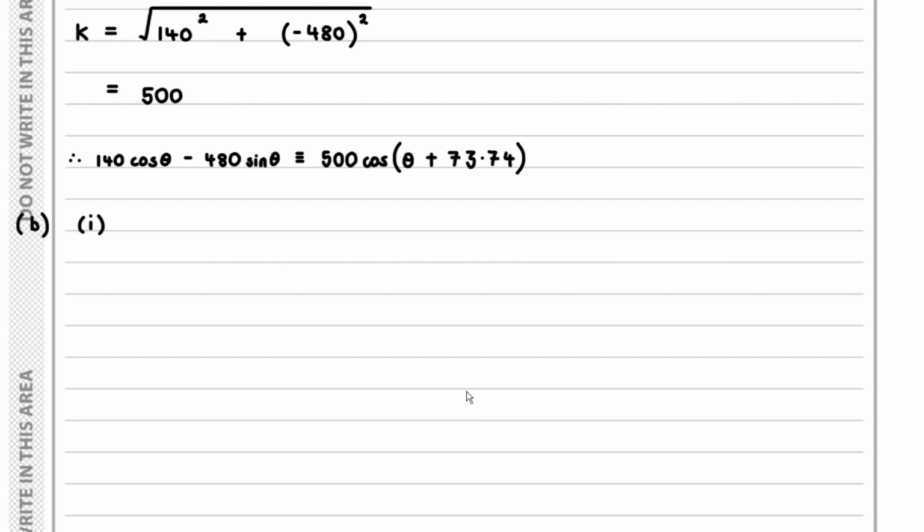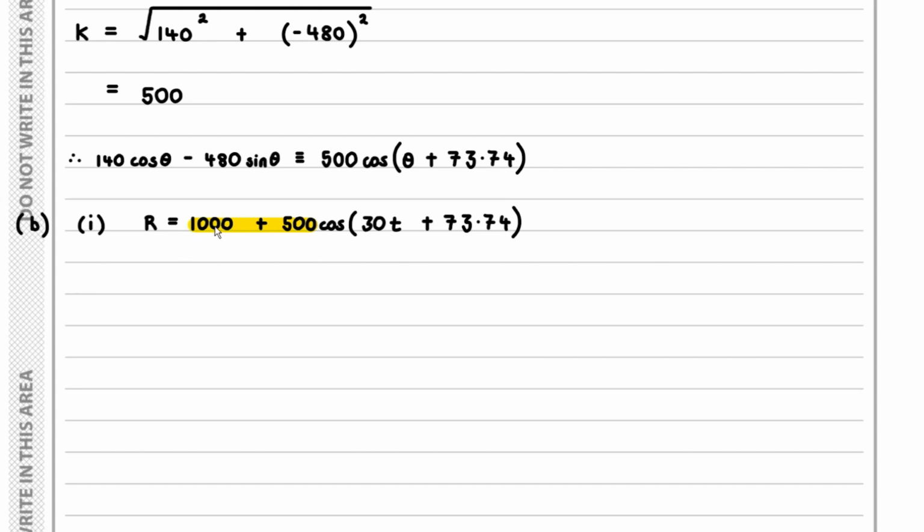For the first part of part B, if the maximum number is 1,500, that means r will equal 1,000 plus 500 cos of 30t plus 73.74.